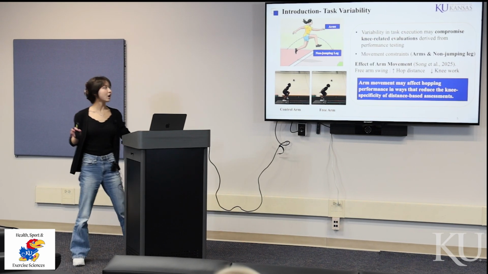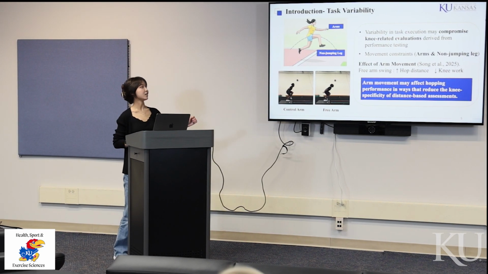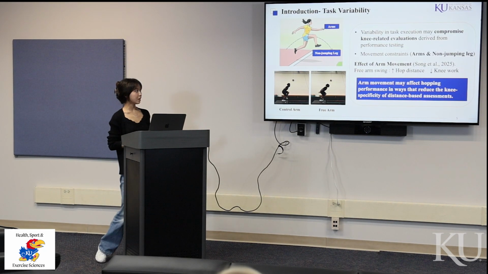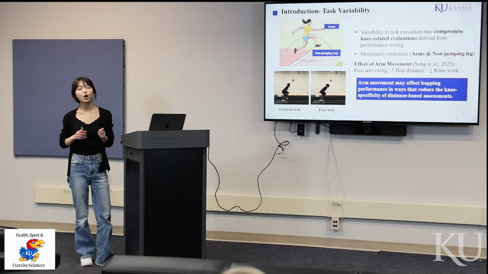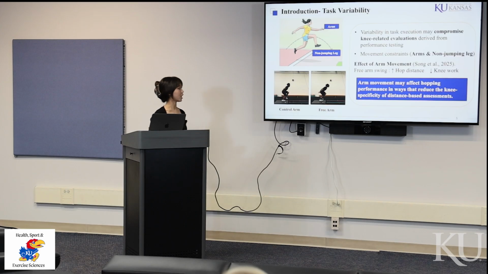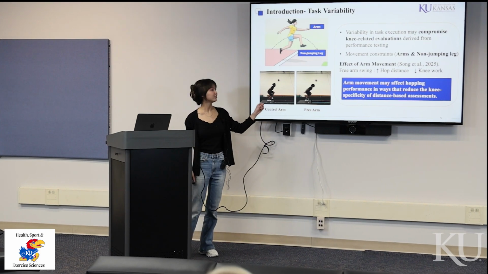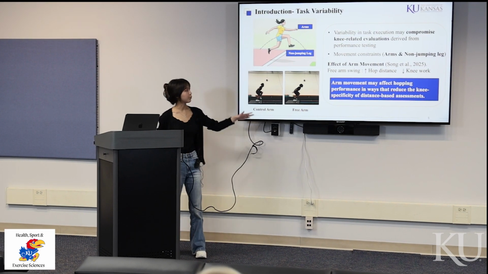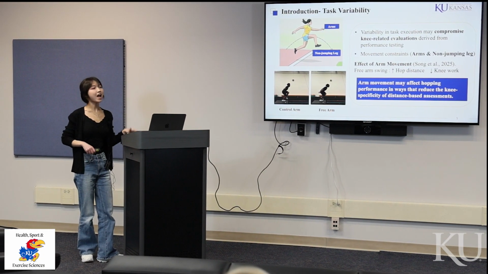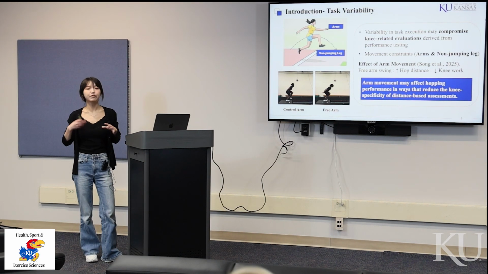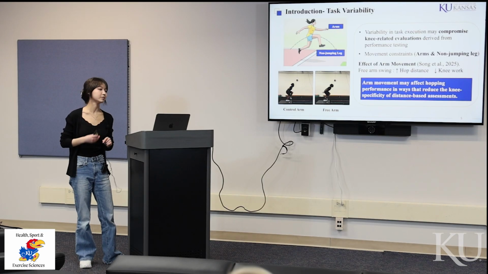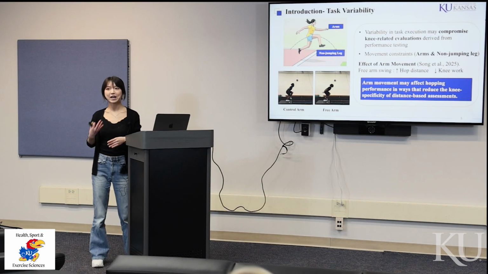In 2025, we did a research project investigating the effect of arm movement on hop performance and the lower limb kinetics during single leg forward hop and backward hop. We found that, compared to the controlled arm condition, free swing of the arm will increase the hop performance, but it decreases the knee work. As such, the arm movement may affect the hopping performance in a way that reduces the knee specificity of distance-based assessment.